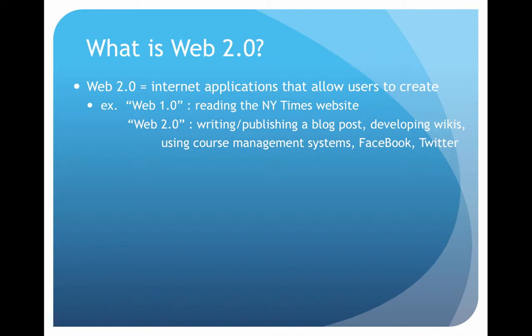Web 2.0 would be writing or publishing a blog post. So now you've created something and you've put it on the web. Developing a wiki, using course management systems like BlazeView, using Facebook, Twitter. All of those are Web 2.0 things that we do every day, but we don't really realize it. So we become active managers of information and not passive receivers of information.